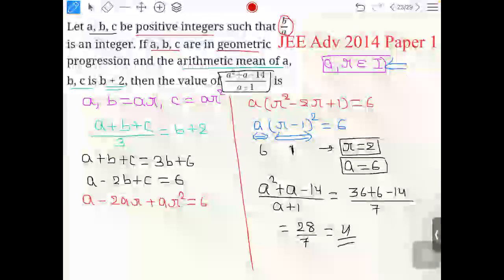देखिए किसी को कहीं पे कंफ्यूजन है तो प्लीज बताइए। I am giving 1 minute time to understand. ठीक है?